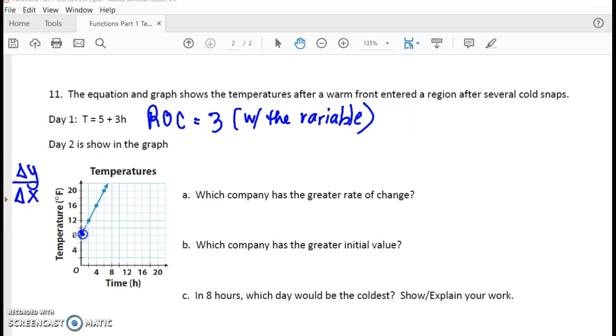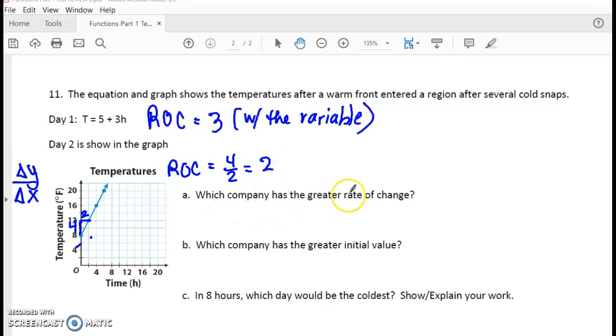So the y's are going up: 2, 4, 6, 8. So they're going up 2 every time. So the rate of change for the graph is 4 over 2, which is 2.